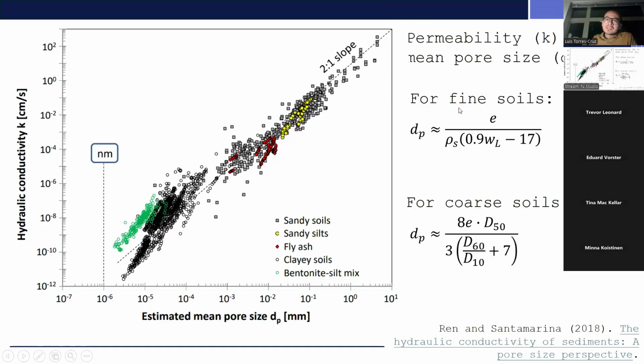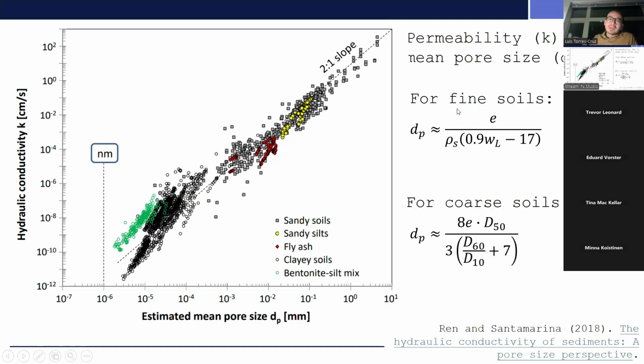So for fine soils, that expression for the mean pore size is a function of the void ratio of the soil, of the solid density, and of the liquid limit. And for coarse soils, the expression for mean pore size is a function, again, of void ratio and of some characteristic diameters that you can extract from the particle size distribution curve.